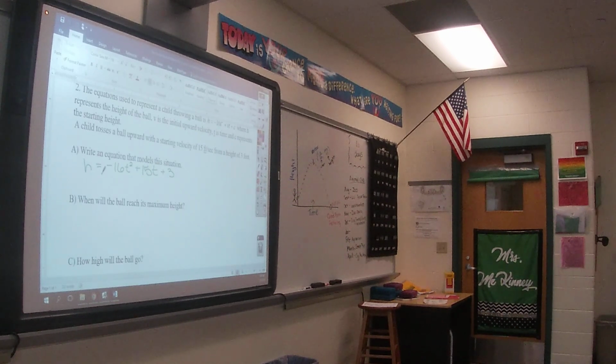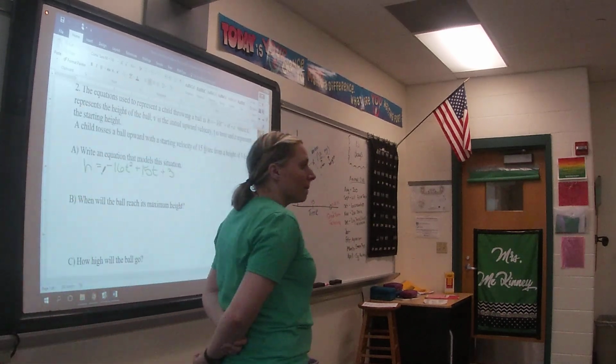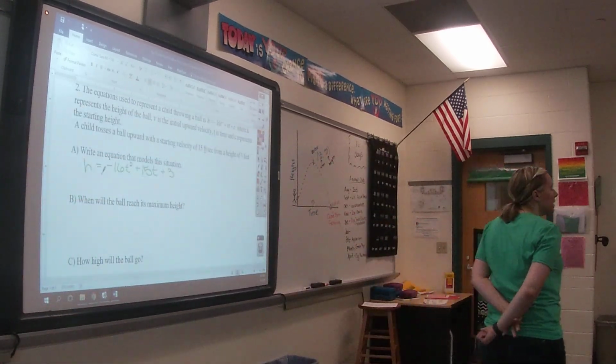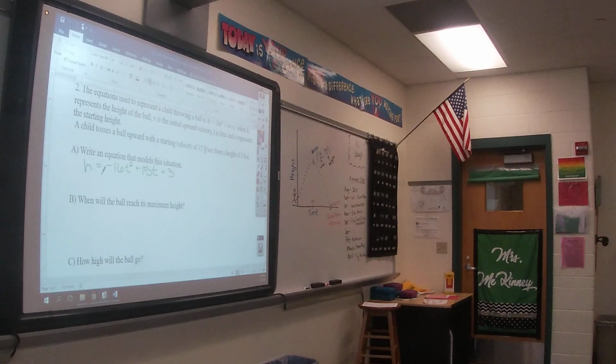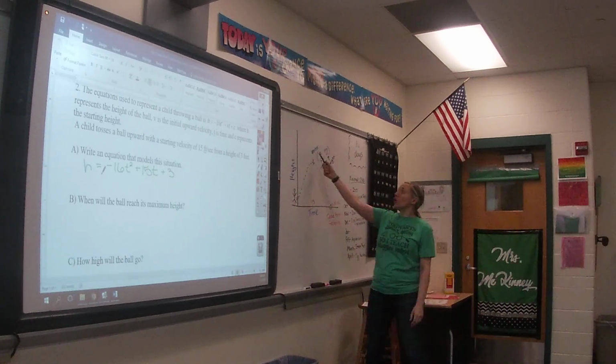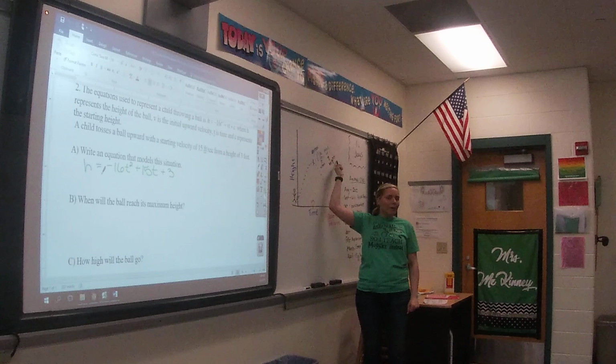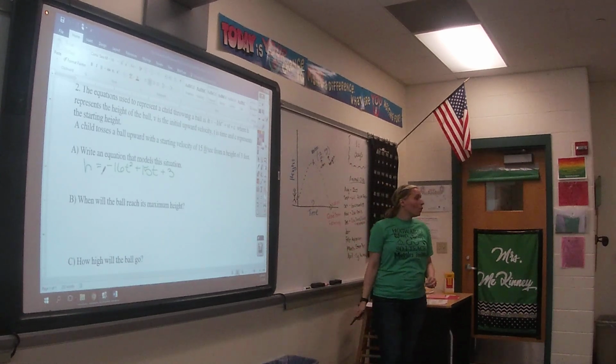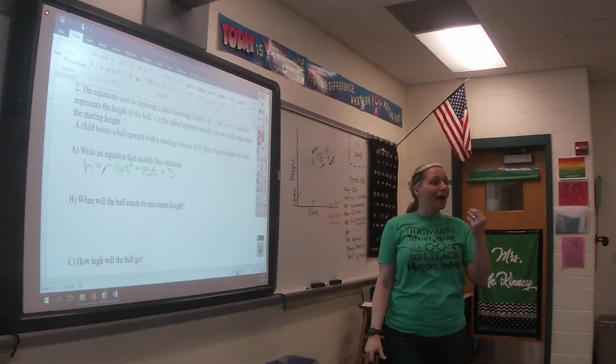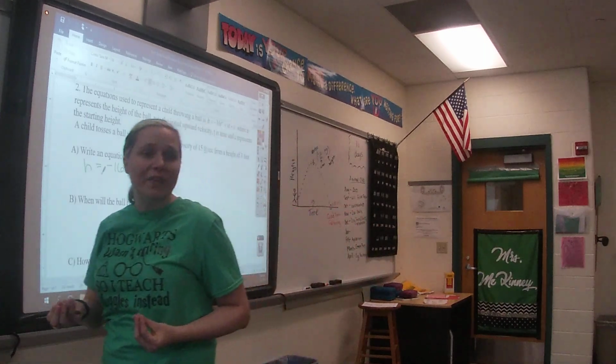Okay, I'm then asked to find when the ball will reach its maximum height. How do we decide when the ball will reach its maximum height? What is the vertex? Okay, so it's in the middle, which is our vertex. How do we find a vertex? Negative b over 2a, comma, plug it back in. If we want when, is the when the x value or the y value?